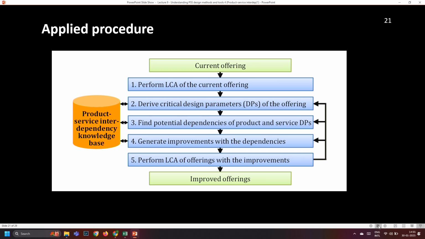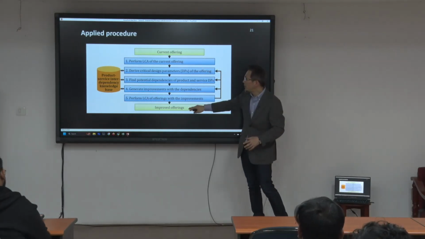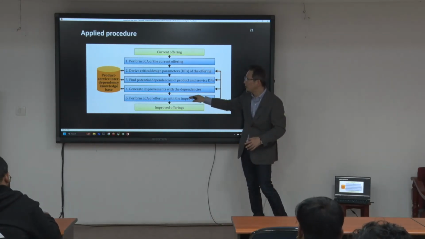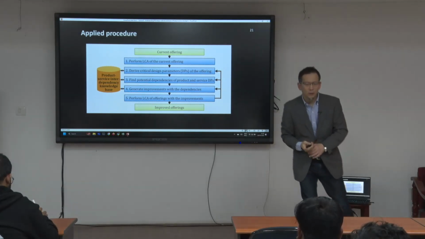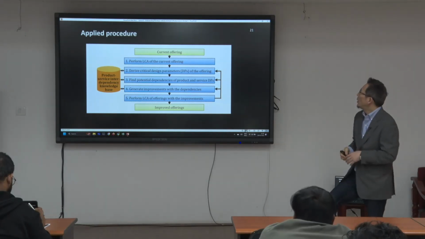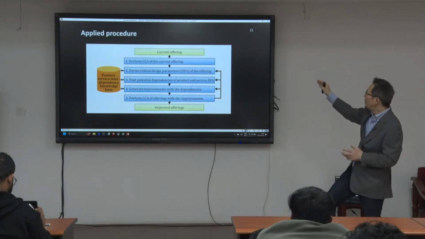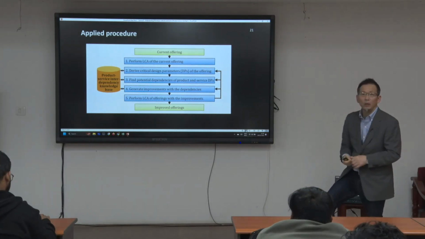And step 4 is generating improvements based on the interdependencies found in the previous step. Steps 1 and 5 are meant for an assessment of the current offering at step 1 and the improved offering at step 5. In this specific study, we used life cycle assessment and measured CO2 emission for the status quo and the improved offering.